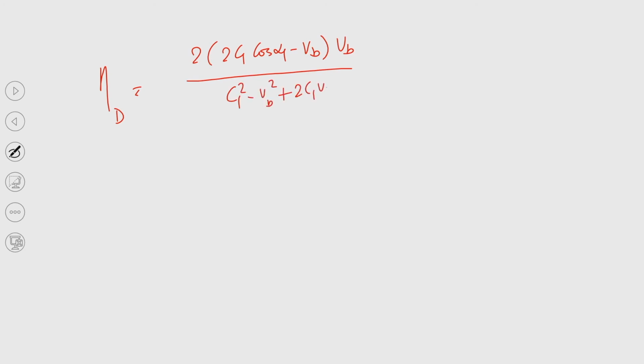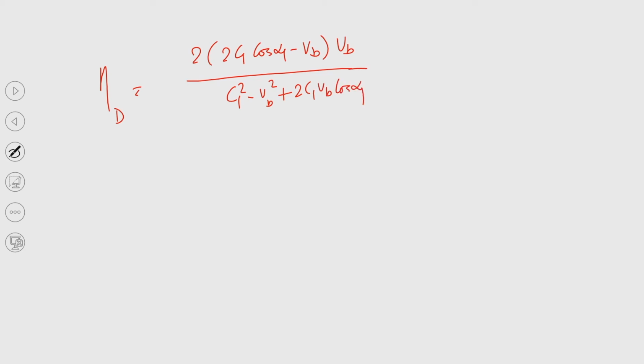So, eta d will be getting, I am writing 2. So, basically 2 into 2 C1 cos alpha 1 minus Vb into Vb divided by C1 square minus Vb square plus twice C1 Vb cos alpha 1. Okay.